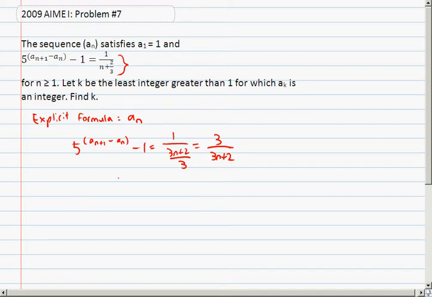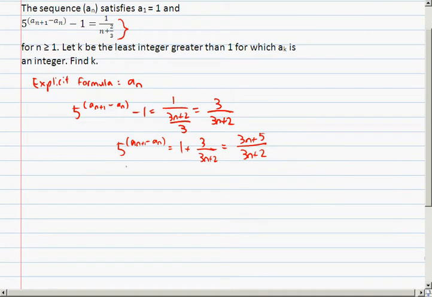Then we can add 1 to both sides. And with 1 on the right-hand side, we get the new fraction, 3n plus 5 all over 3n plus 2.